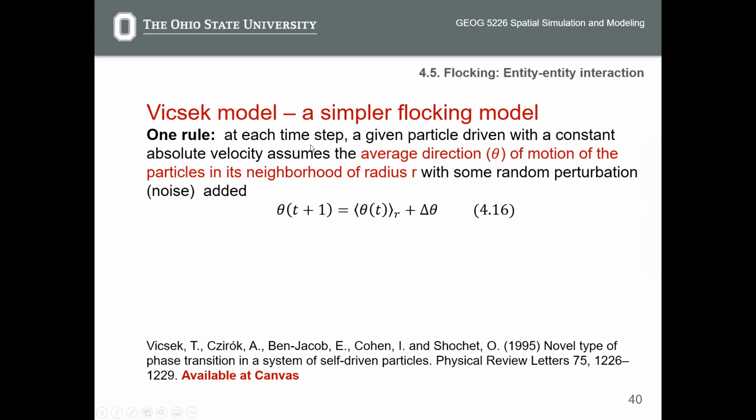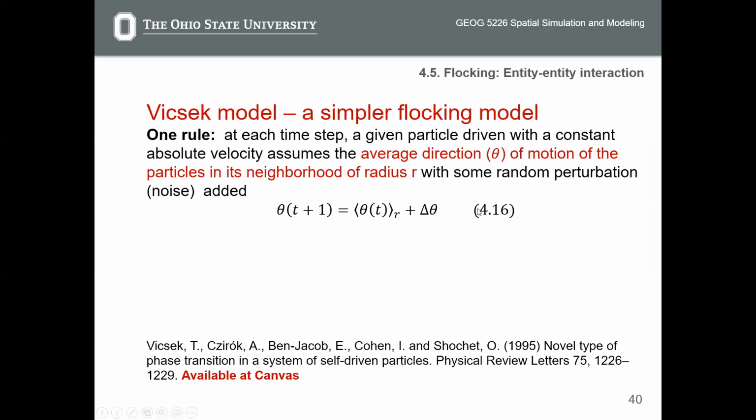One rule: at each time step, a given particle driven with a constant absolute velocity assumes the average direction of motion of the particles in its neighborhood of radius r, with some random perturbation added.